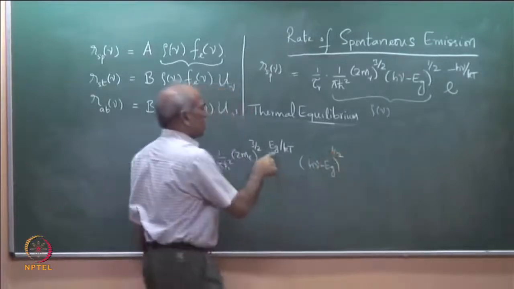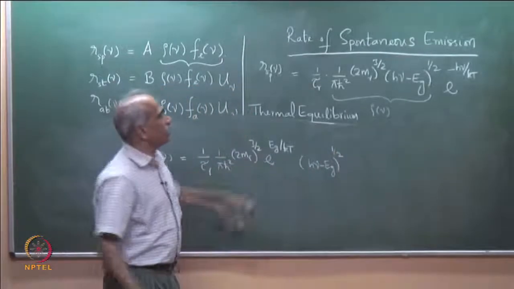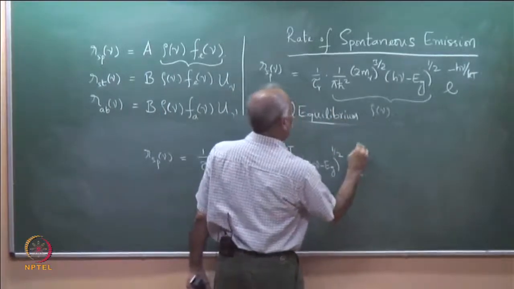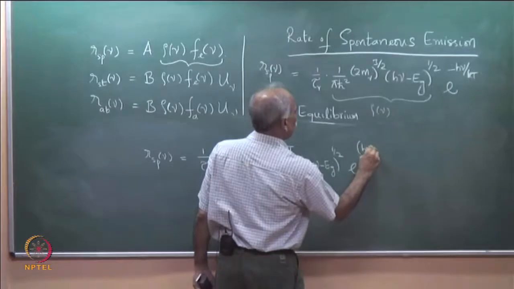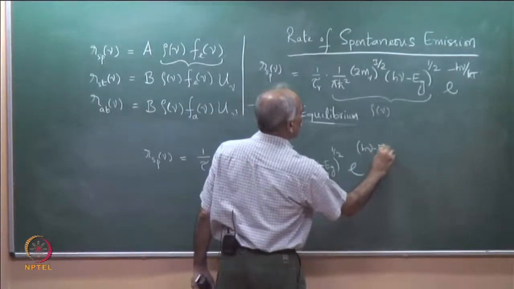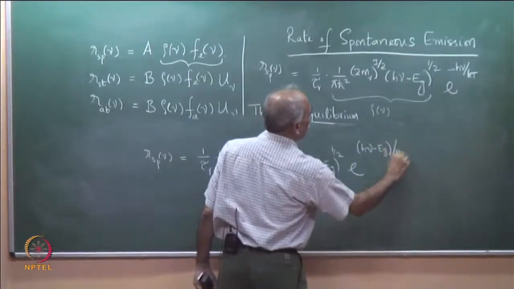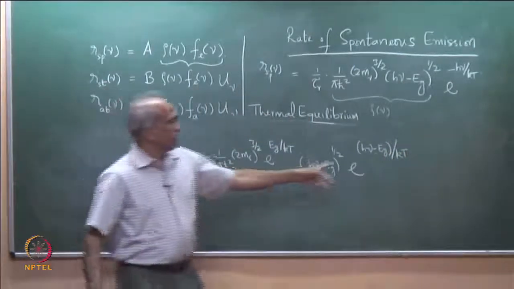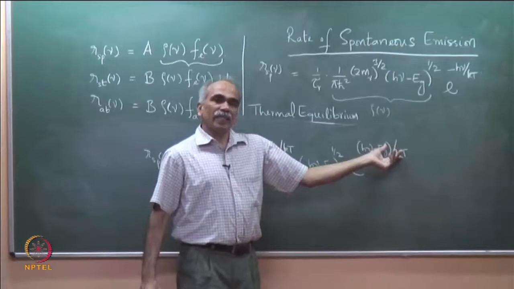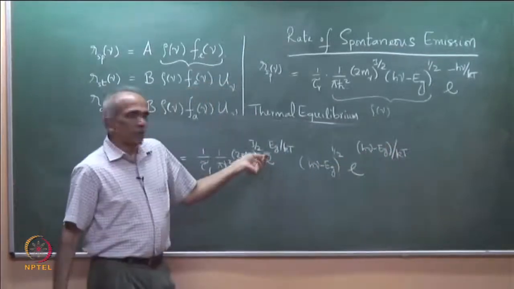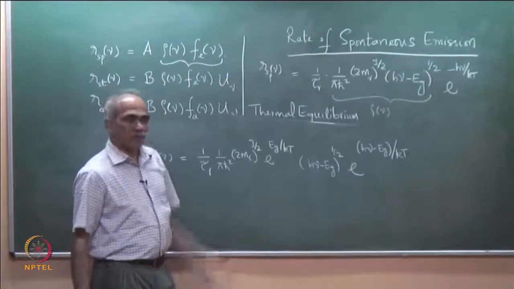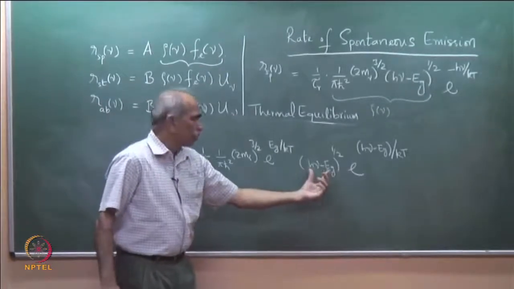I have simply multiplied by e to the power Eg by kT and e to the power minus Eg by kT, e to the power h nu minus Eg by kT. E to the power minus Eg by kT is here and e to the power Eg by kT is here. It is just to write it in the form of x to the power.